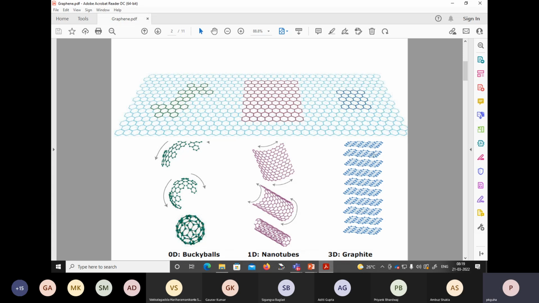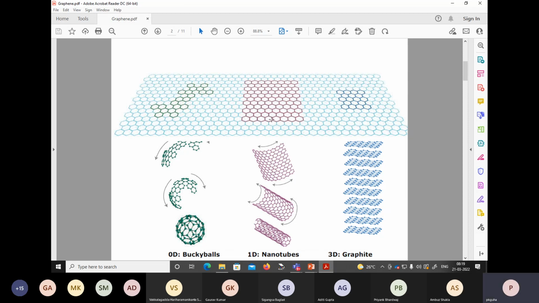These layers stacked together layer by layer are known as graphite. If we can detach one of these layers, then it is basically graphene. This kind of structure is known as a honeycomb structure, and there are carbons at each corner.